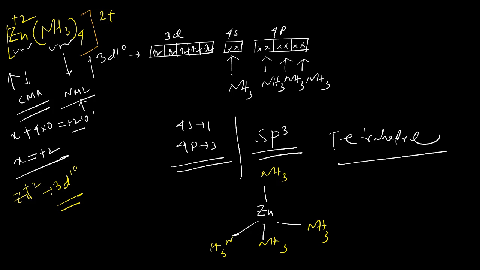Obviously, this bonding is a coordinate bond because the lone pair of electrons on the nitrogen atom is donated through a coordinate bond to the central metal atom zinc. Overall, the charge is +2. So this is the tetrahedral geometry of [Zn(NH3)4]2+.